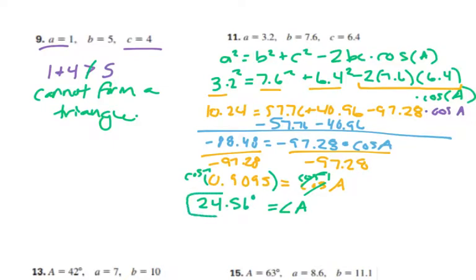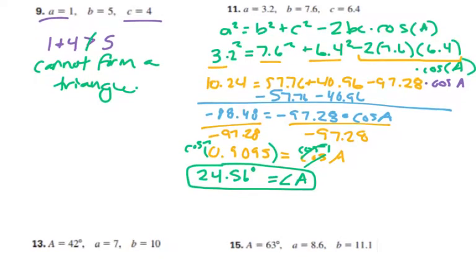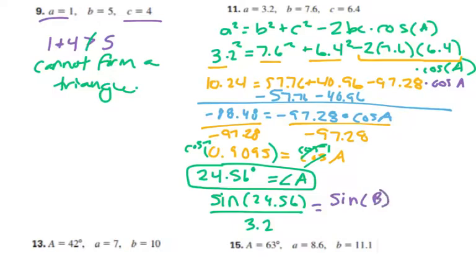Alright, so that's our first angle, but now that we have angle A, we can go ahead and use law of sines, so sine of 24.56 over A, which is 3.2, can get us our B value, so sine of B over 7.6.